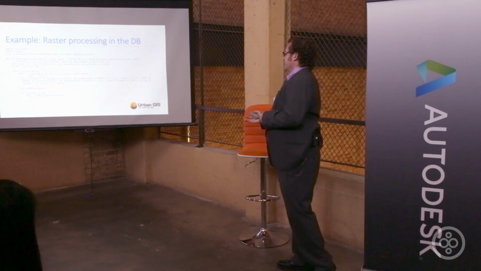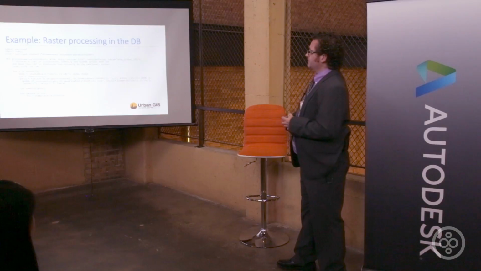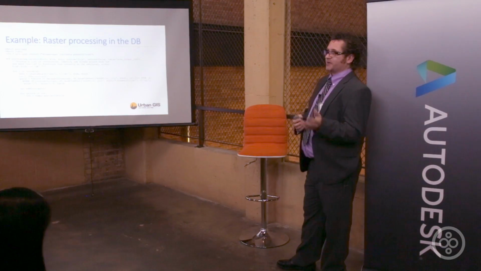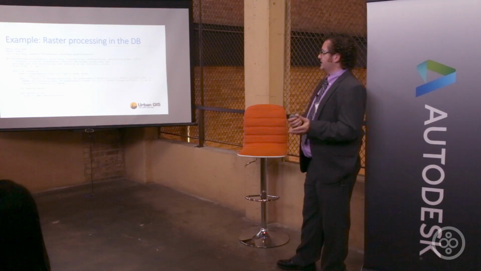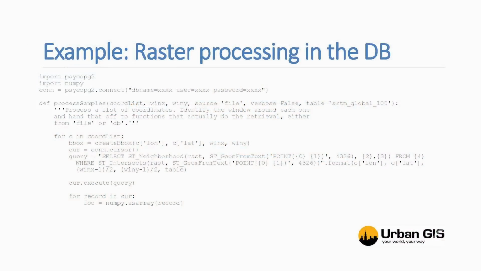When we put this in the database, it was quite a bit simpler because we were able to leverage a lot of the spatial functions made available in the database directly. For example, I can query all of the raster tiles, which are split up, and patch them back together with a simple neighborhood function. I can also create geometries on the fly from text.